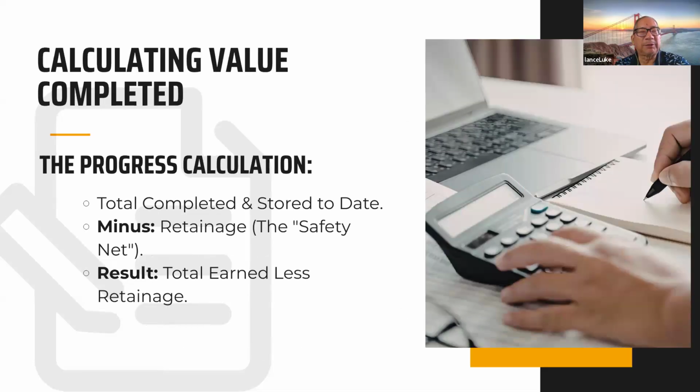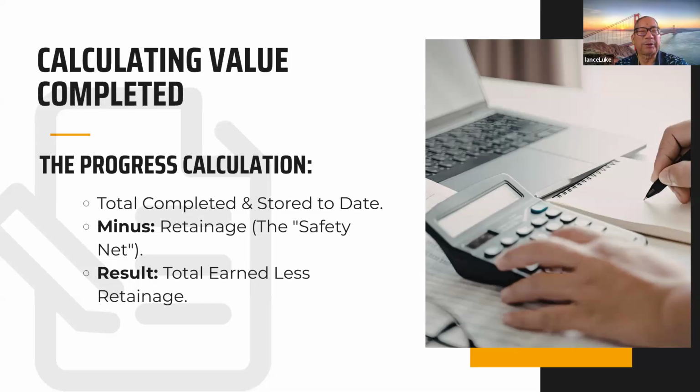Calculating the value of completion. So, like I mentioned before, the progress calculation: total completed and stored to date, less the retention, which is the safety net, and then the total earned less retention. So the retention is an amount, and it could be 5 or it could be 10% on a big contract.